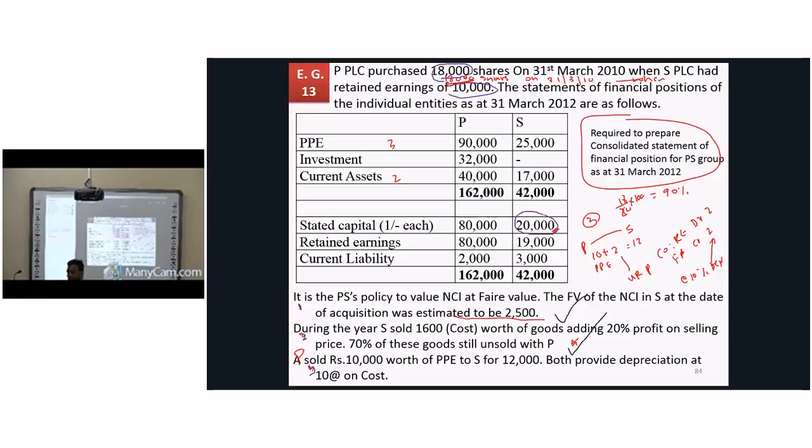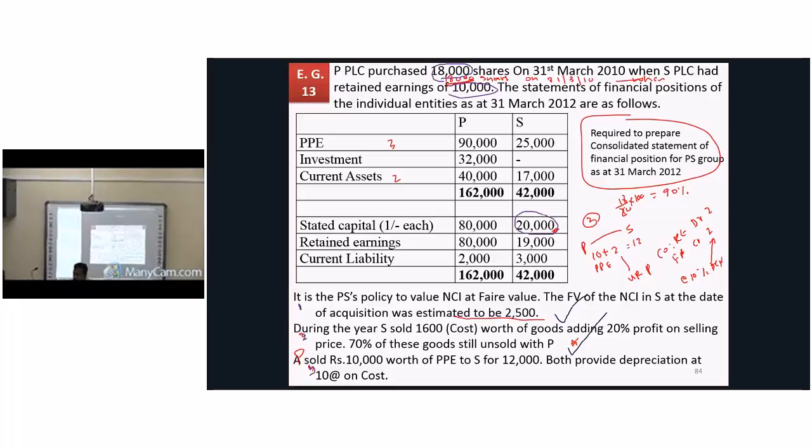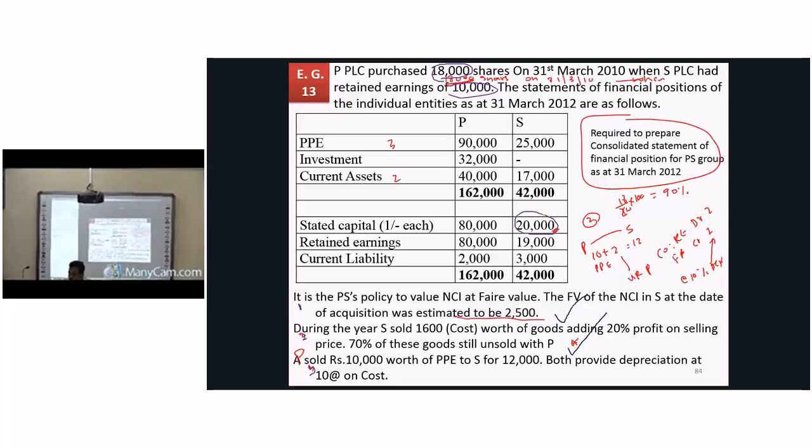Now, the third adjustment. A sold rupees 10,000 worth of property, plant and equipment to subsidiary. In this case, who is a seller? Not A, sorry, made a mistake. This is parent.